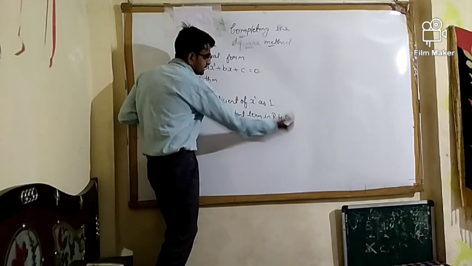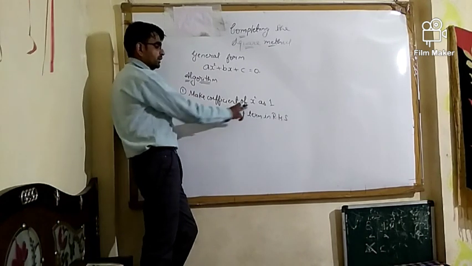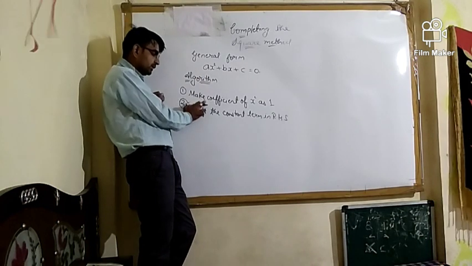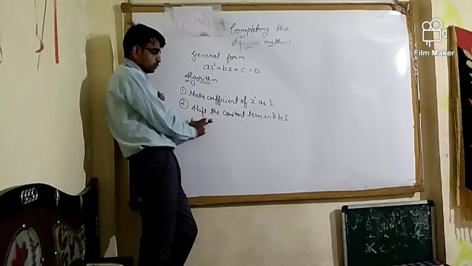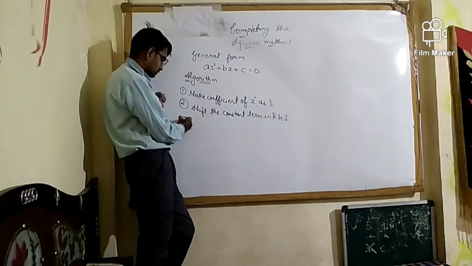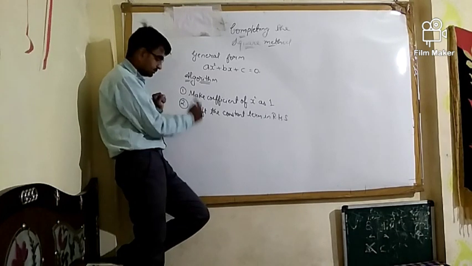RHS means right hand side. First, we make the coefficient of x square as 1. Then, we shift the constant term to the RHS.